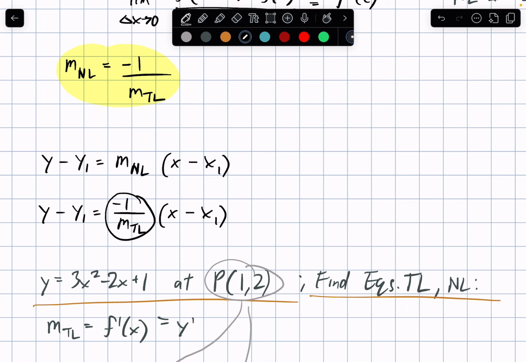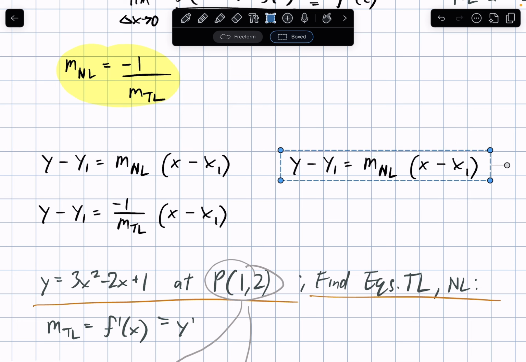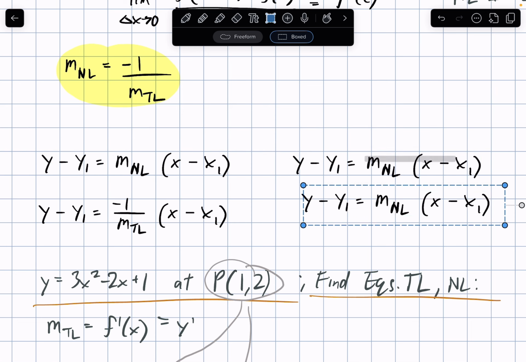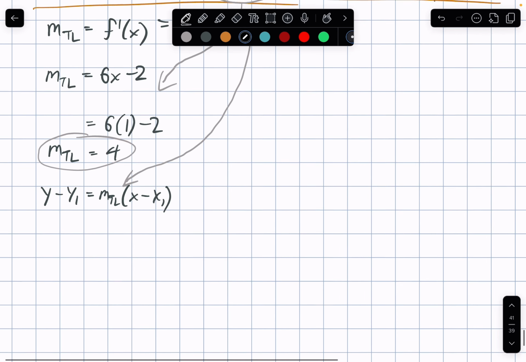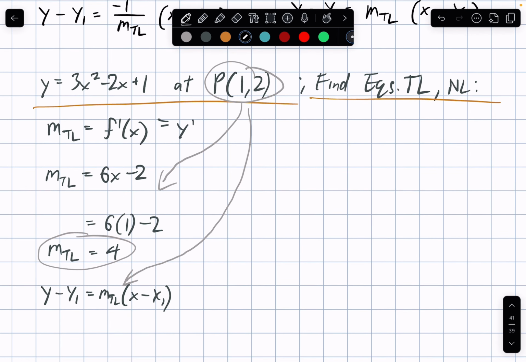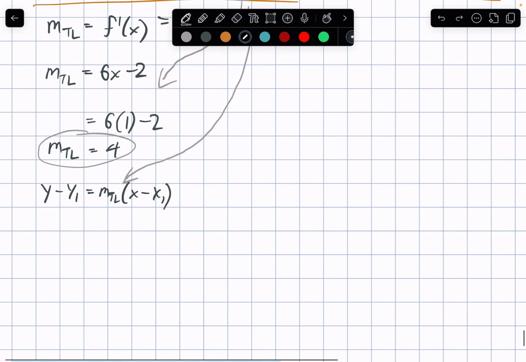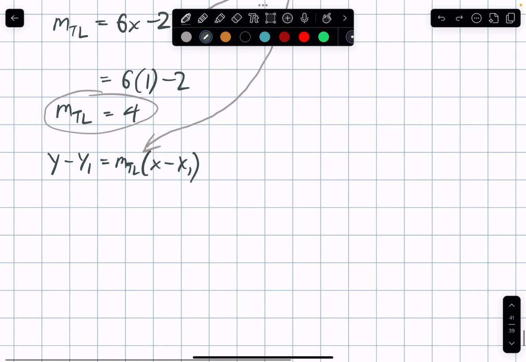It's not necessarily that you write in terms of the slope of the tangent line this way. You can write the equation this way. It doesn't really matter. Depending on what you're provided, in this case you have the slope of the tangent line, you can construct the equation like this. It doesn't have to be like this.